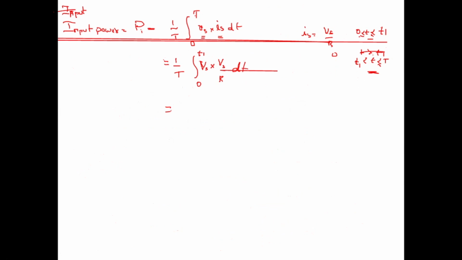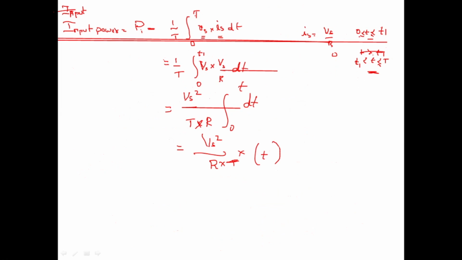Vs into Vs is Vs squared, and in the denominator there is R, and the integral is from 0 to t1 of dt. So it is Vs squared by R into T, with dt integrated from 0 to t1.